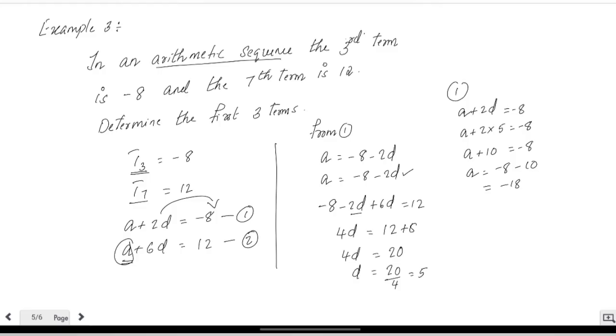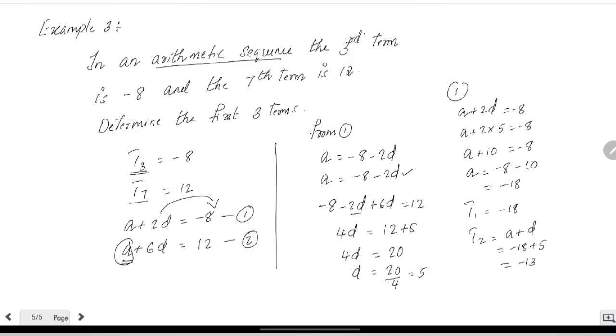So can you find what T1, T2, T3 are? T1 is A. What is that? Minus 18. What is T2? T2 is A plus D, isn't it? By the formula, A plus (2 minus 1)D, that is A plus D. That is minus 18 plus 5. So what is the answer?